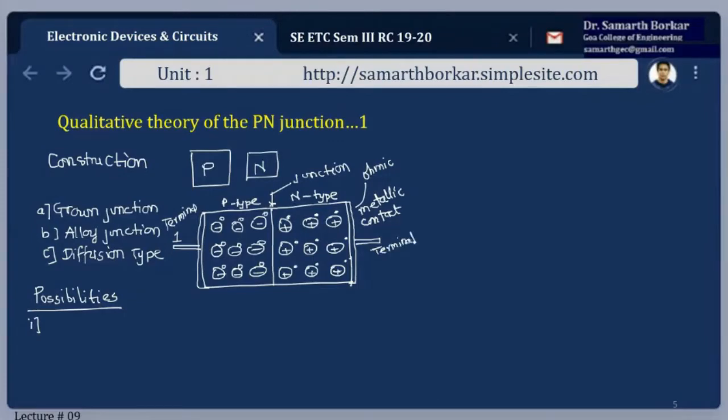There are basically two terminals, and it is cylindrical in shape. You might have seen other diodes when you carried out some practicals last semester. The first possibility is that we don't apply any voltage across its terminals, so it is referred to as the no bias condition.